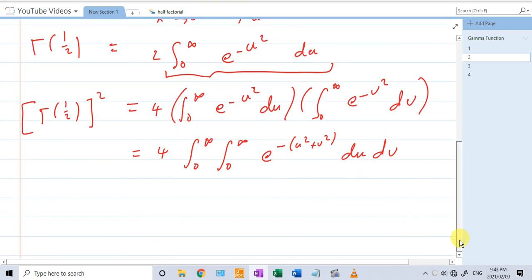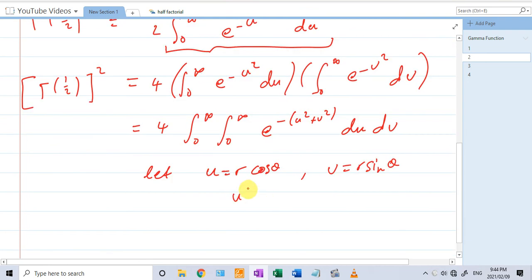Now we can make a change in variable. Let u be equal to r cos theta. You can use polar coordinates and change of variables, and v be equal to r sine theta.